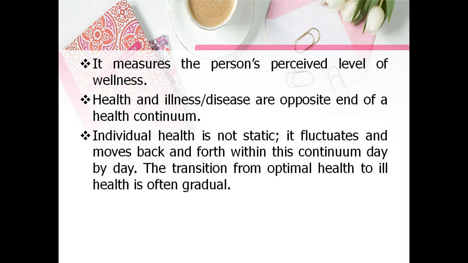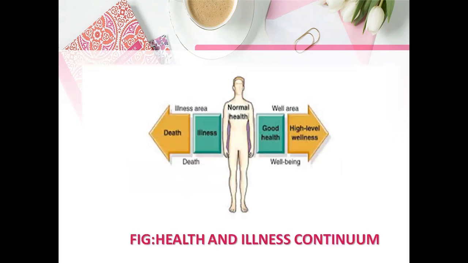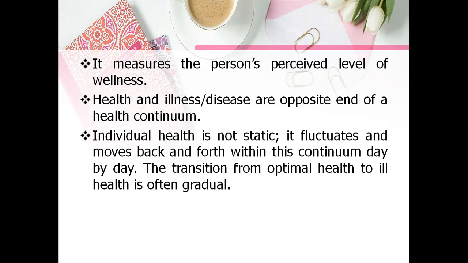So health and illness, or disease, are opposite ends of a continuum. I have already shown you in the previous diagram that we have two ends, high level of wellness and death. Individual health is not static, as we have already discussed before. It is always changing from one point of time to another. It fluctuates and moves back and forth within this continuum day by day.